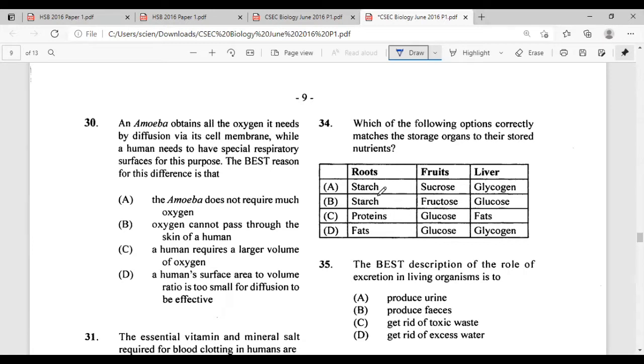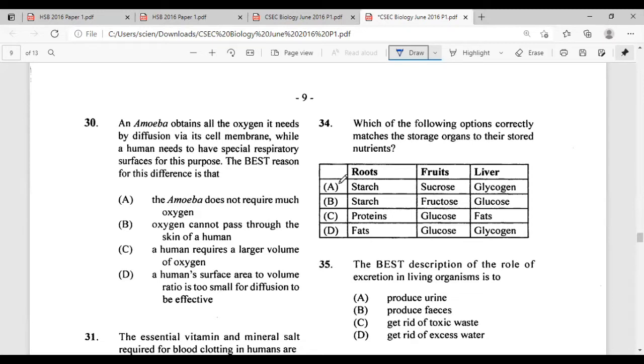So B, we have starch, then fructose, then the liver, glucose. Then C, protein. For the fruits, we have glucose, and then for the liver, we have fats. Then D, we have fat. For fruit is glucose, and then for the liver is glycogen.